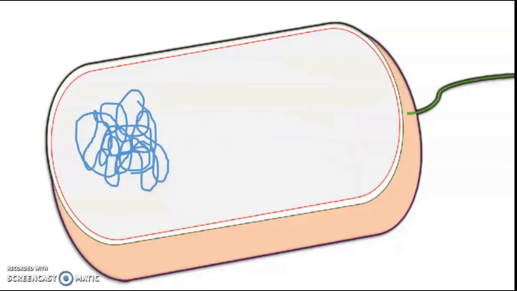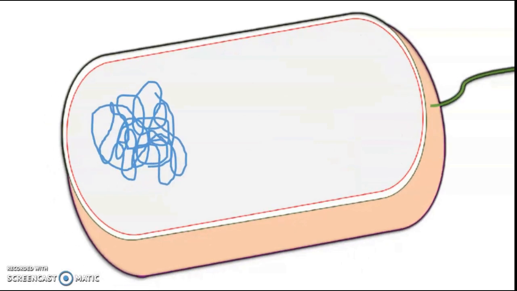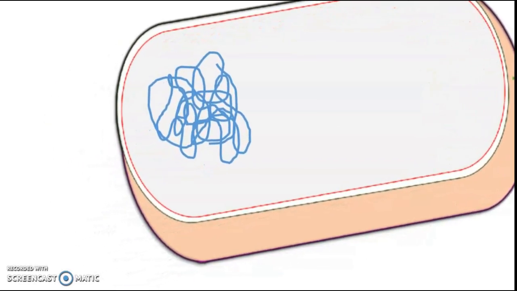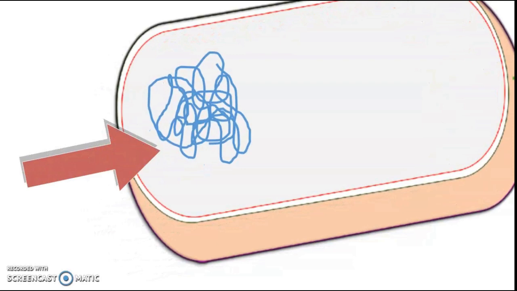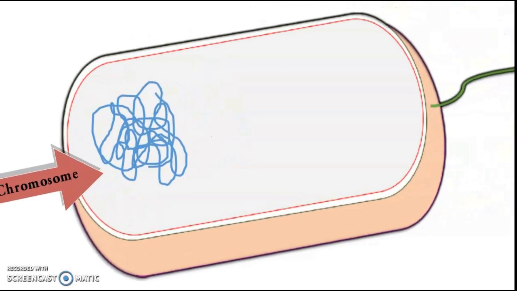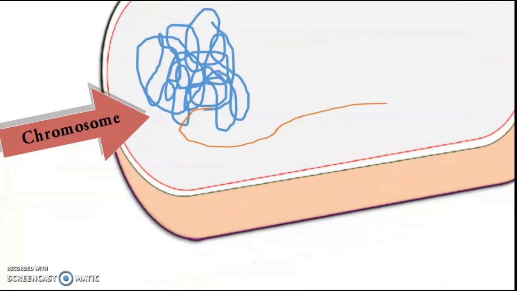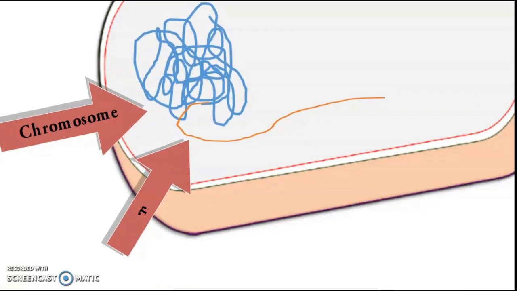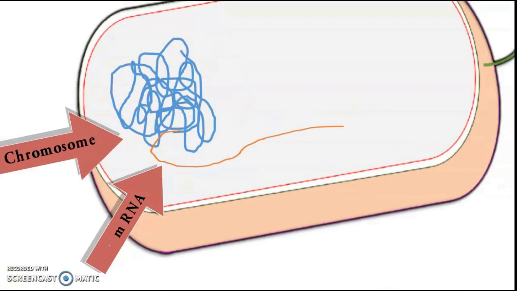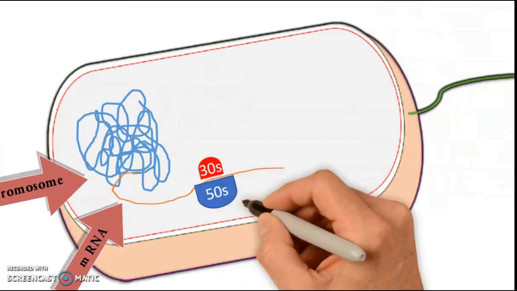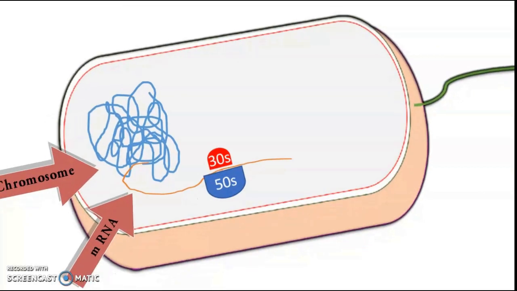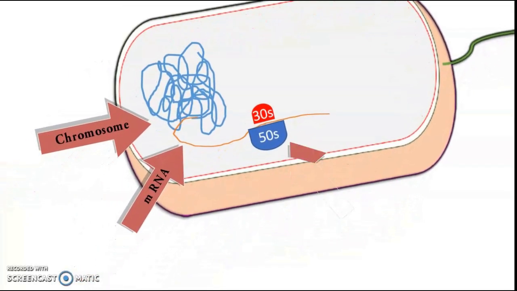It consists of its own genetic material, that is chromosome, which is unlike human genetic material when it comes to its shape and pattern of coiling. This genetic material is capable of transcription and translation, which synthesizes its own messenger RNA and has the capability of synthesizing its own proteins with the help of ribosomes, that is 30S and 50S ribosomes.